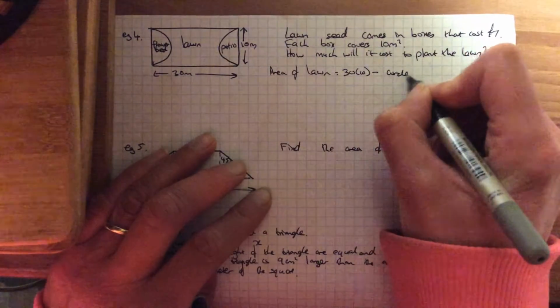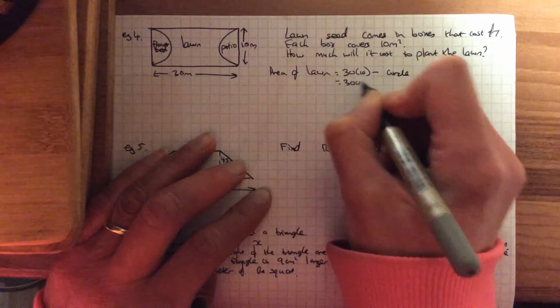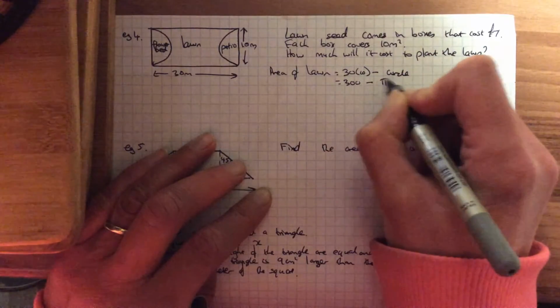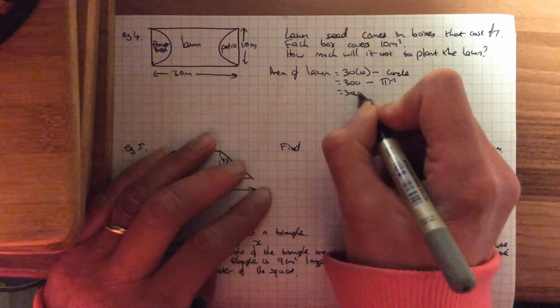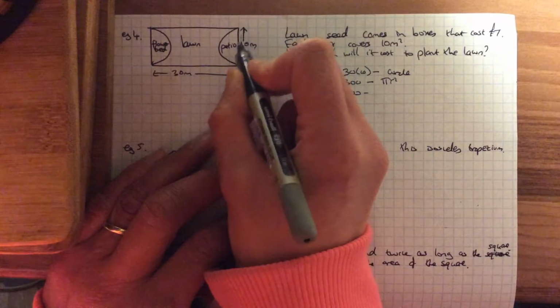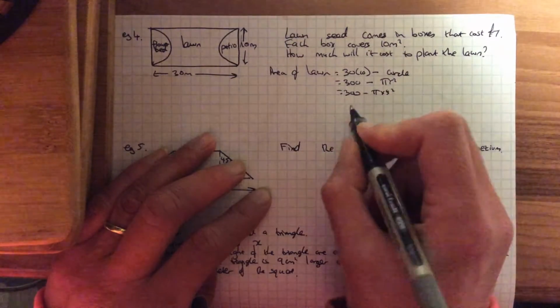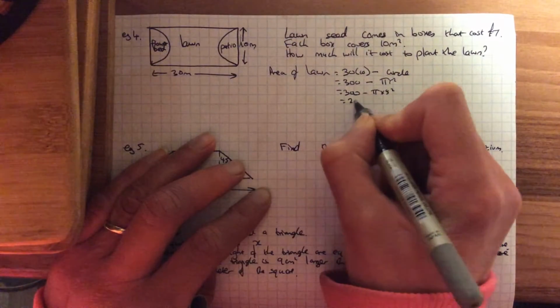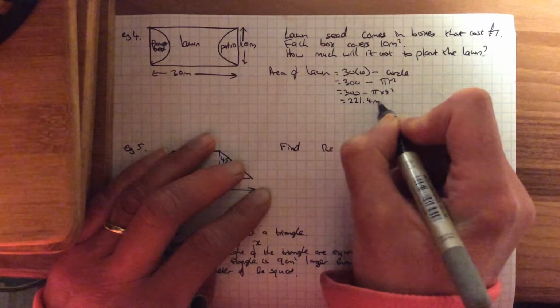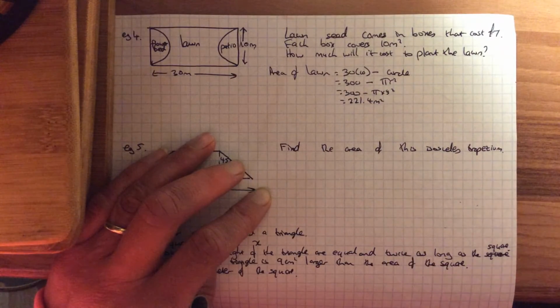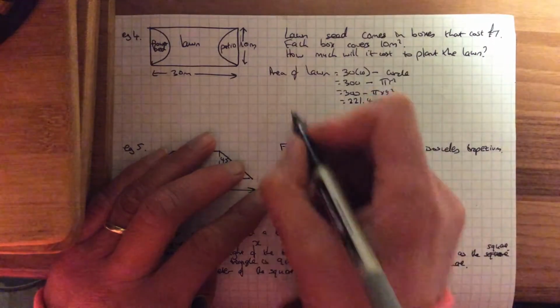Together, they make a circle. So it's 300. Take away area of a circle is pi r squared. Now, your radius is going to be 5. So it's pi times 5 squared. Taking those two away, you get 221.4 metres squared. Each box covers 10 metres squared.